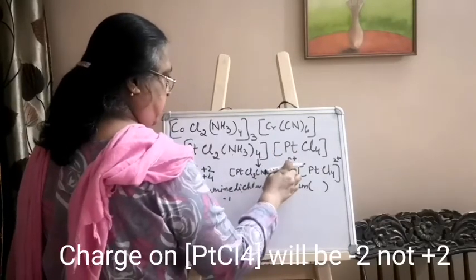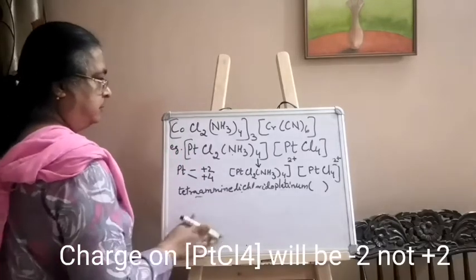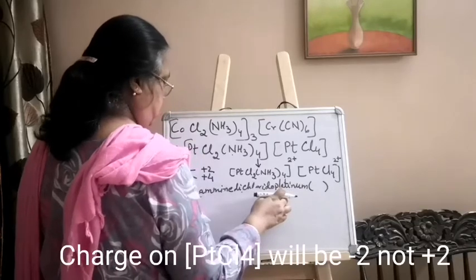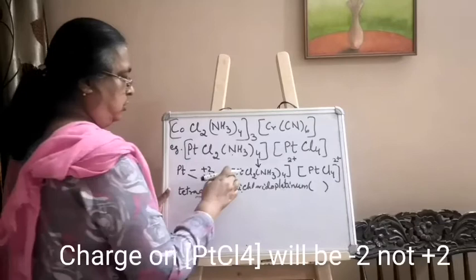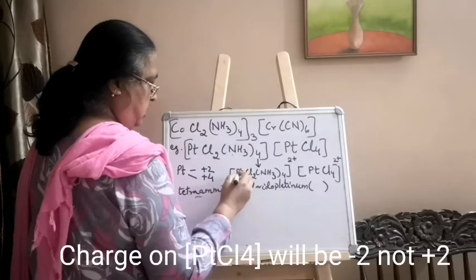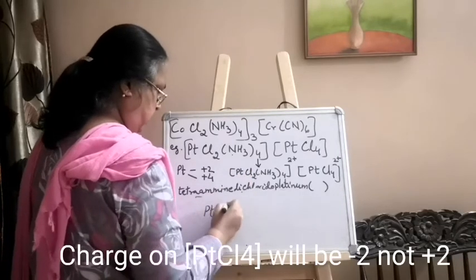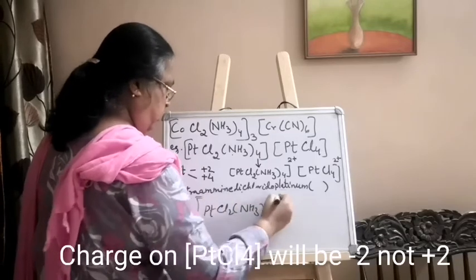So when this is plus 2, so what is there? This is plus 2 if you have taken, so platinum oxidation state was what? 4. Now look here, or 2. When we have taken here, we have calculated just now. That is here, if we take PtCl2(NH3)4, now we have got this.